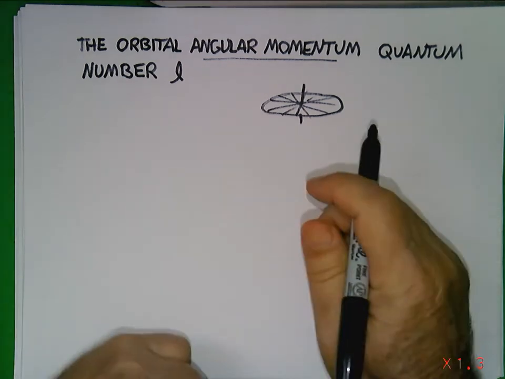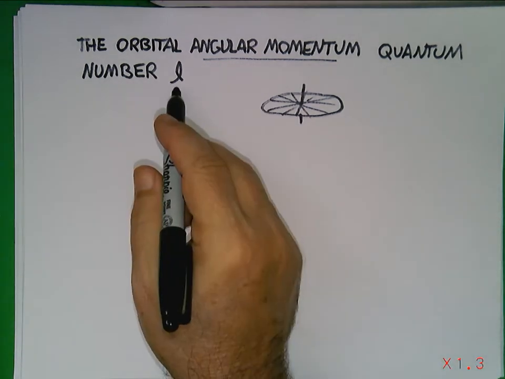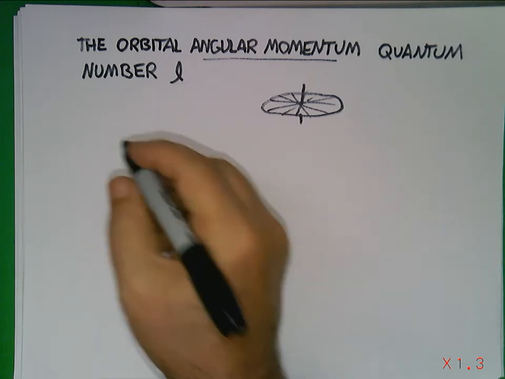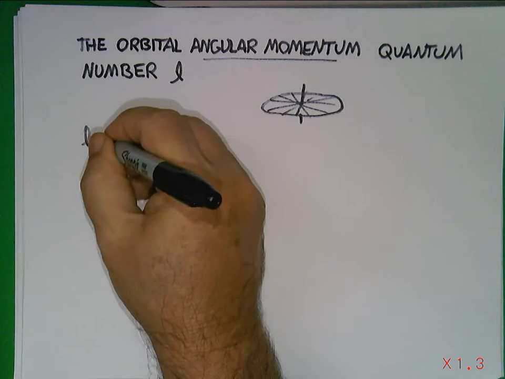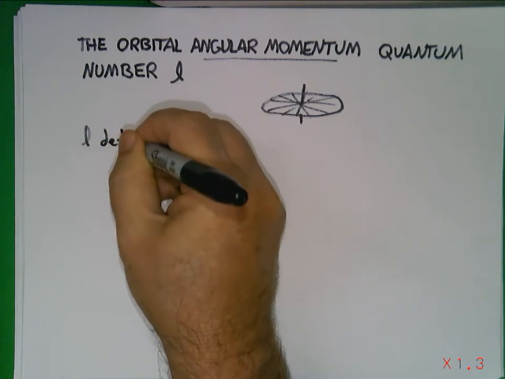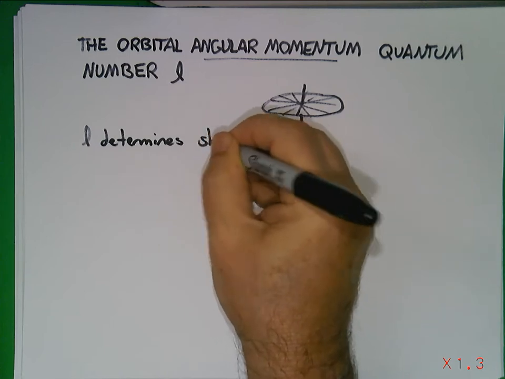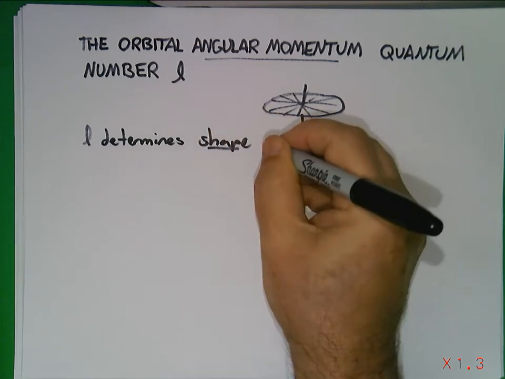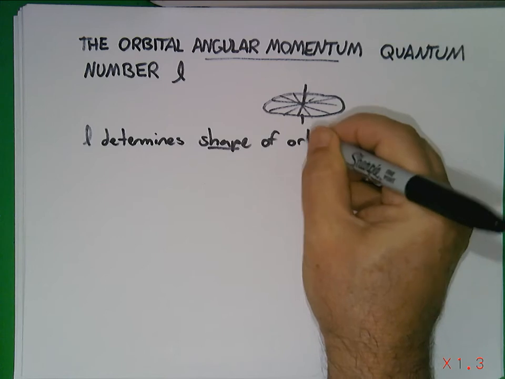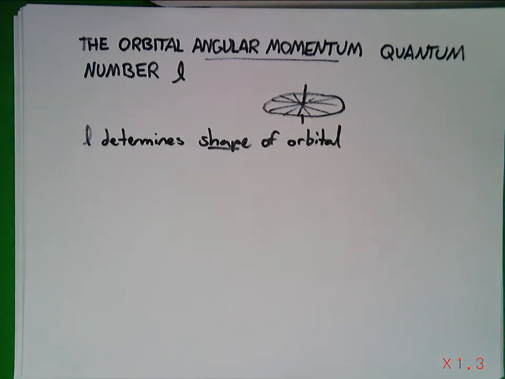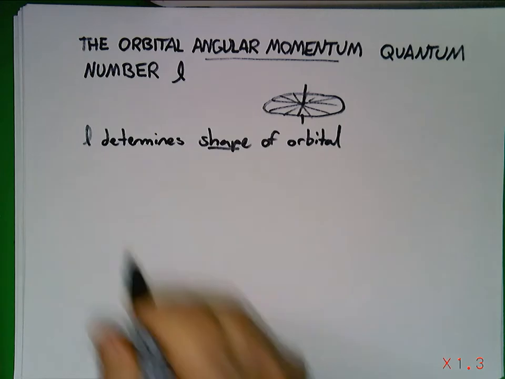Now, what's the significance of it? If you label a wave with L, what does it mean? L determines the shape of the orbital. The orbitals we've drawn so far have been spherical, but you can have other shapes with this.